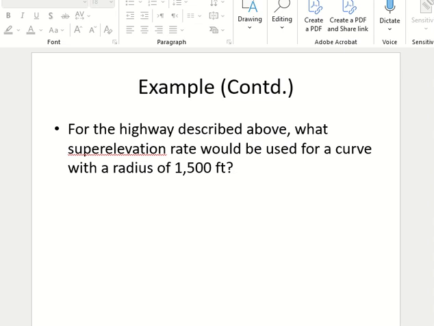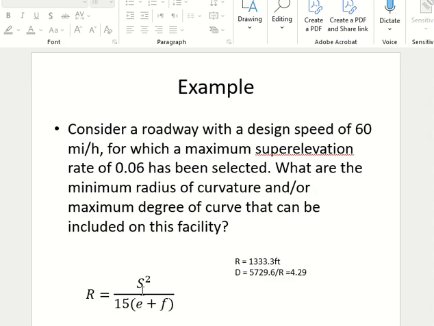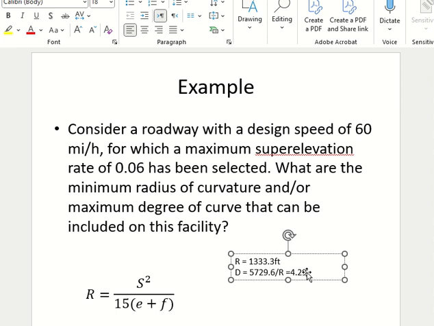For this highway, if we make the curvature radius 1500 feet, then what superelevation can we have? You will use the same equation, but now put the radius as 1500.